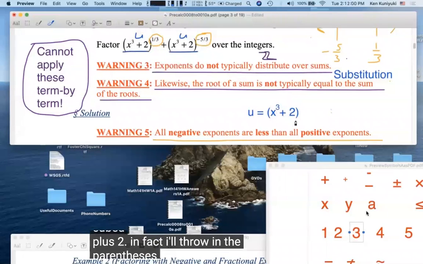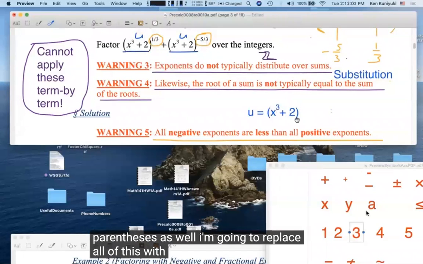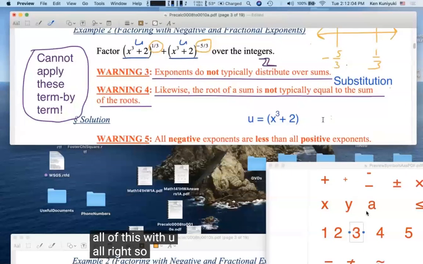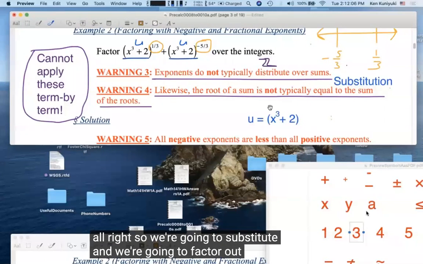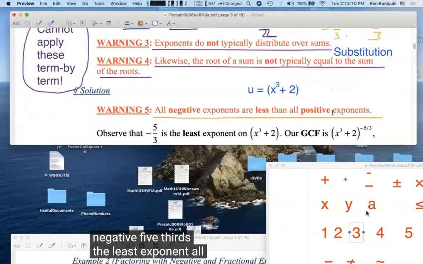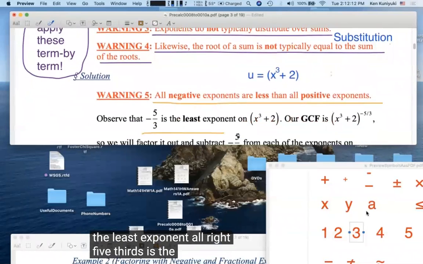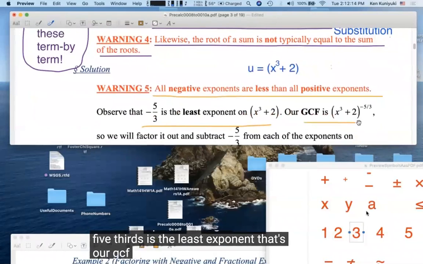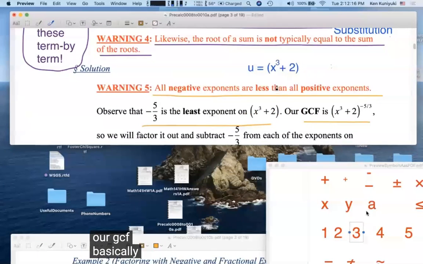In fact, I'll throw in the parentheses as well. I'm going to replace all of this with u. So we're going to substitute, and we're going to factor out u to the negative 5/3, the least exponent. That's our GCF. Basically, u to the negative 5/3.